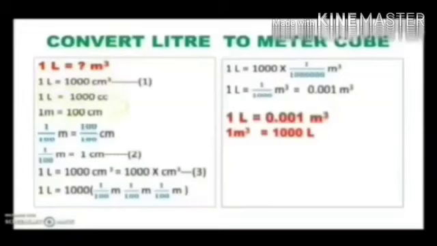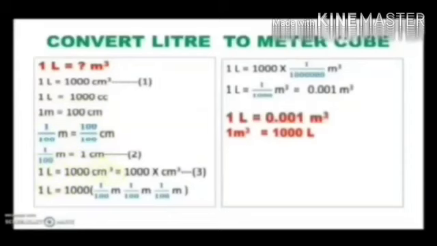Another conversion factor, 1 meter is equal to 100 centimeter. Dividing both sides by 100, we obtain 1 over 100 meter is equal to 100 over 100 centimeter. We obtain 1 over 100 meter is equal to 1 centimeter. 1 liter is equal to 1000 centimeter cube.